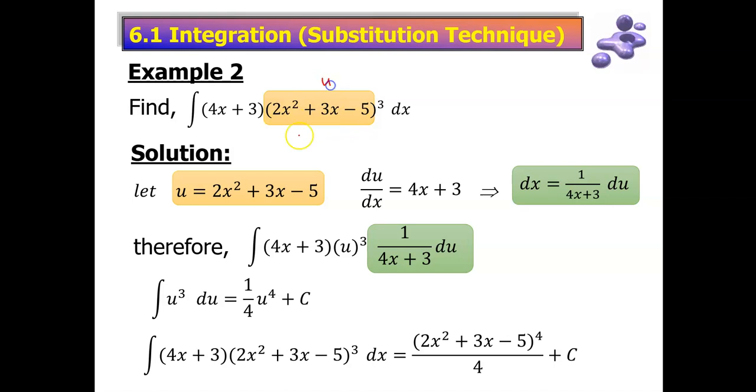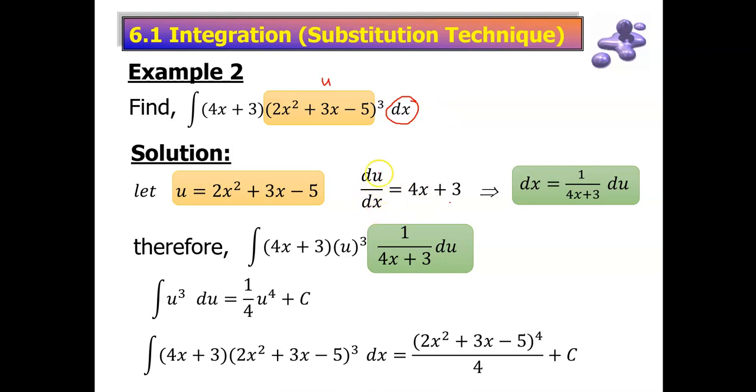So you're going to substitute this with u. Let u equal 2x squared plus 3x minus 5, and when you differentiate it, du over dx, you differentiate 2x squared, you get 4x. Differentiate 3x, you get 3. That's why you have this over here. Then again, you're going to rearrange to isolate dx, because you only want the du term over here. Remember, you have dx over here, so this dx you're going to change with du, the u term.